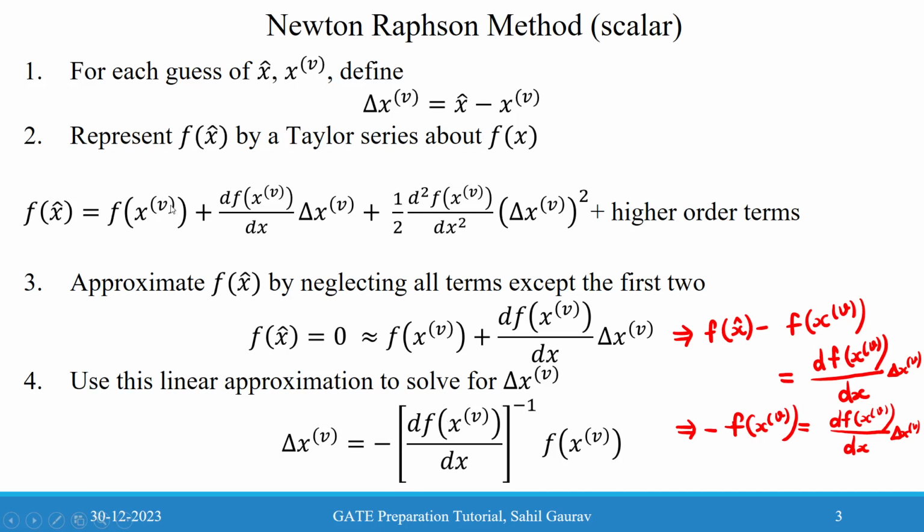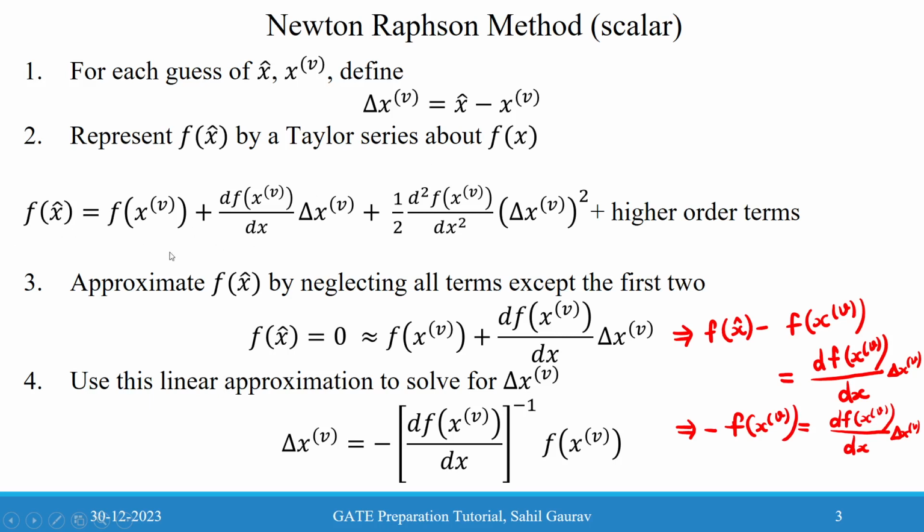Now for a scalar variable, we will see how we find the solution using the Newton-Raphson method. First, for each case x cap, we define delta x, that is x cap minus x, and then we represent f(x cap) by a Taylor series about f(x).